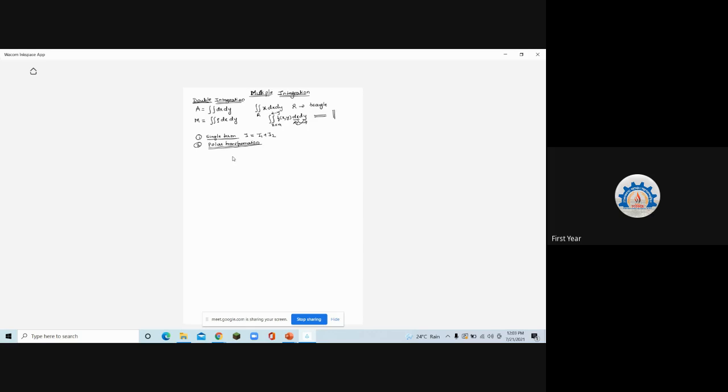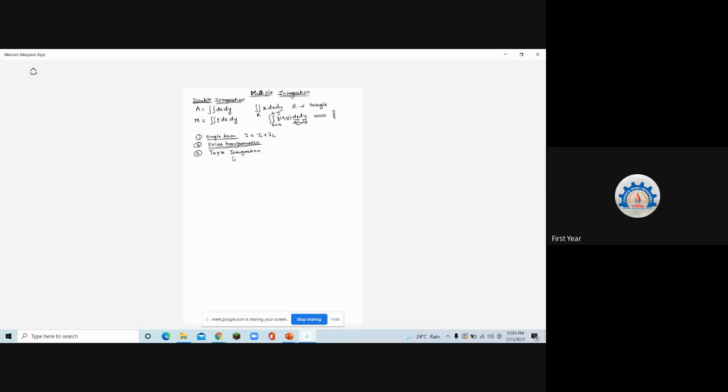Then we'll start with triple integration today. In three dimensions, x, y, z, how do we take triple integration?